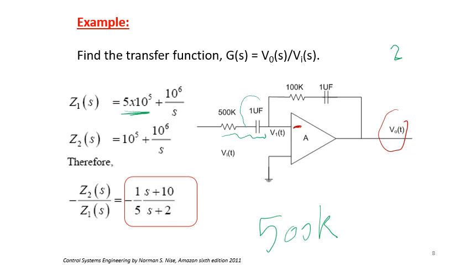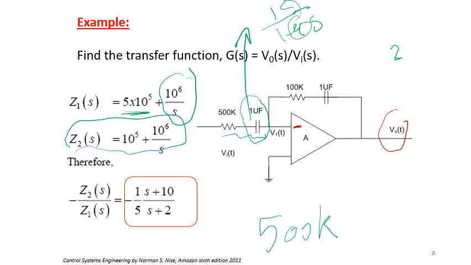The capacitor is 1 microfarad, so its Laplace equivalent will be 1 over 1 micro S. Take this 1 micro up, it will become 10 to the power 6 over S, as you see here. So that's it for Z1. Z2 we are going to calculate the same way, and then we will apply the transfer function equation, Z2 over Z1, substitute the values, simplify, and finally this is the transfer function.